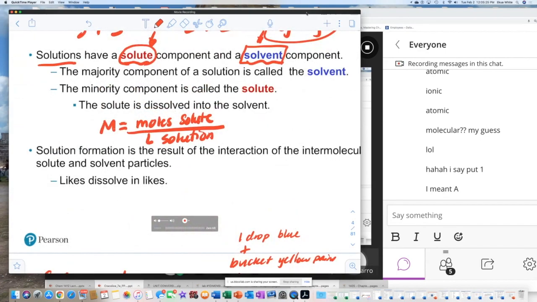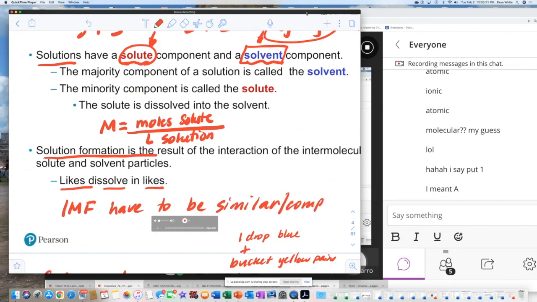Now, for us to make a solution, we're told that there's a prerequisite. There has to be a requirement met. To form a solution, we're looking at likes dissolves likes. So we're going back to chapter 11 and saying, don't forget the intermolecular forces of attractions have to be similar. They don't have to be exactly equal, but they have to be similar, or we can say compatible.